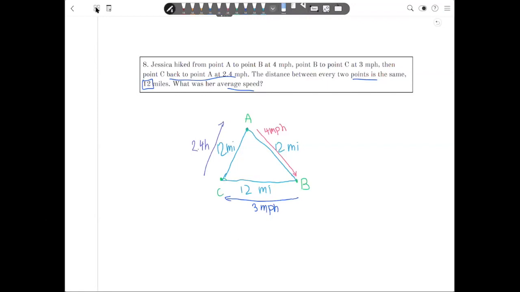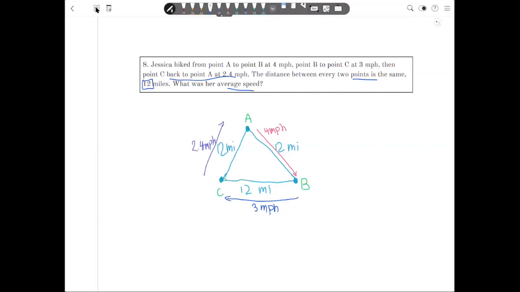So what is the total distance that Jessica will travel when she's hiking around the diagram? I think I should have written 2.4 miles per hour. So does anyone know what the total distance is that Jessica travels from A to B, B to C, and C to A?